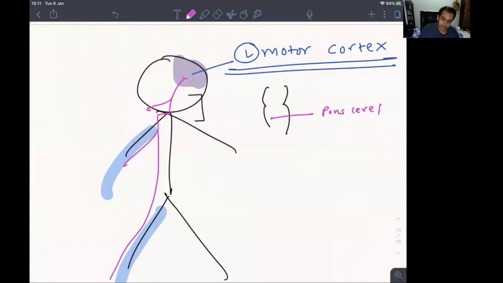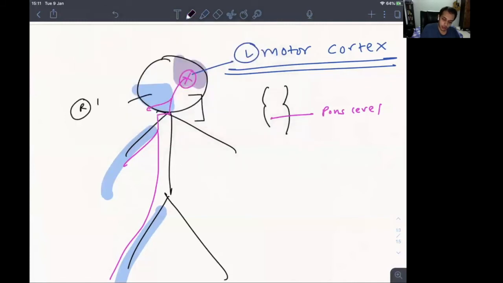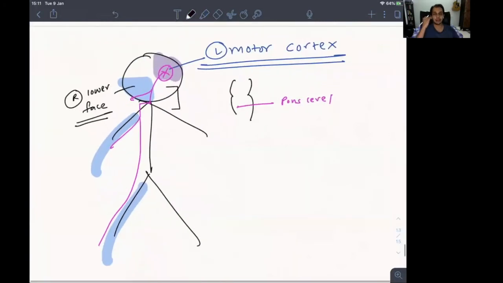Now the lesion is here. Therefore, the weakness will be on the right side. So if there's a lesion on the left motor cortex, there will be a weakness of the right facial nerve. Right lower face will be weak. And this is how it is usually the case. So the facial weakness and the body weakness will be both on the same side.